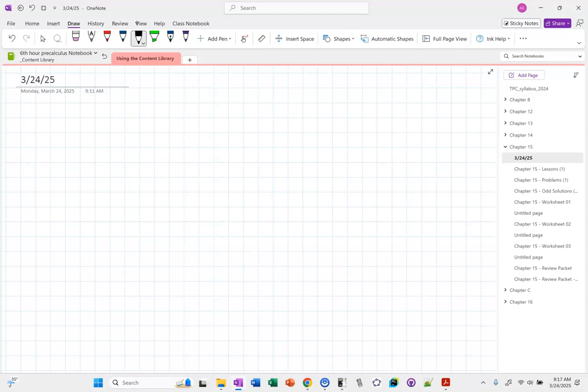All right. So today we're going to be starting Chapter 15. We're just going to start section 15.1 about exponential and logistic functions.